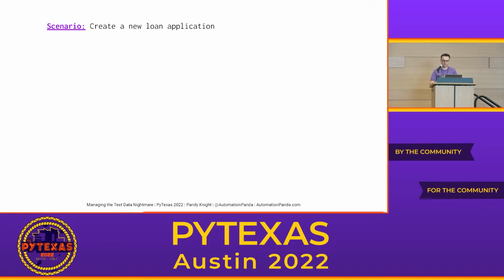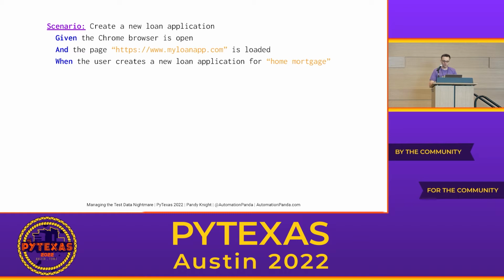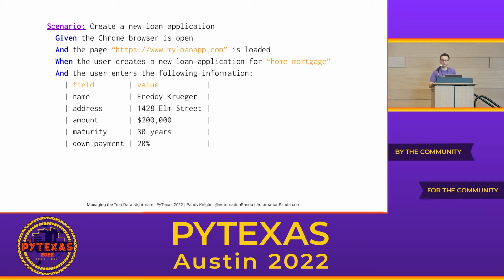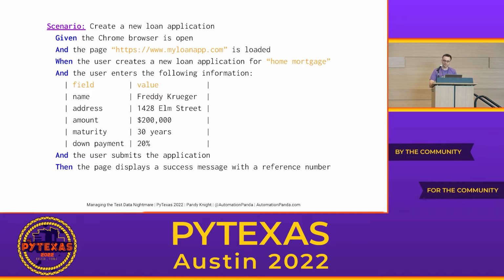We could write a simple test case to exercise the basic application behavior. Like this scenario, create a new loan application. Given the Chrome browser is open, and the page myloanapp.com is loaded, when the user creates a new loan application for home mortgage, and the user enters all their personal information, and the user submits the application, then the page displays a success message with a reference number, and the loan application is sent to the bank.